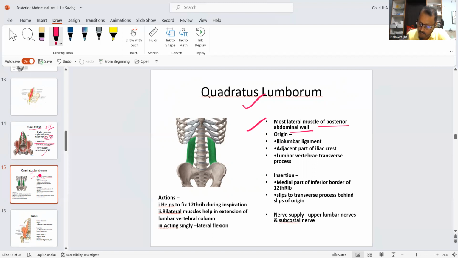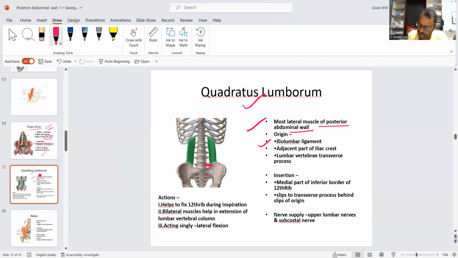It originates from the iliolumbar ligament. We have seen that from the transverse process of L1, there is a ligament connecting to the iliac crest, and this ligament is known as the iliolumbar ligament, and from here the quadratus lumborum originates.